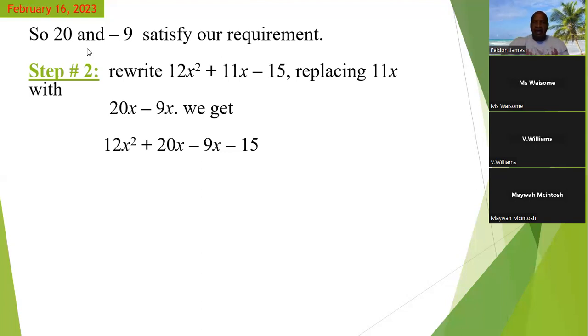And this is where the name of this expression actually comes from. Because when we find two factors and replace the middle term with those two factors, you notice we end up with 4 terms. And if you know anything about prefixes, anything that deals with quad would actually be 4. So this would be a 4-term expression when it is rewritten in this way.